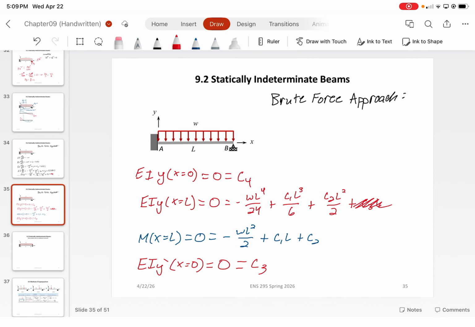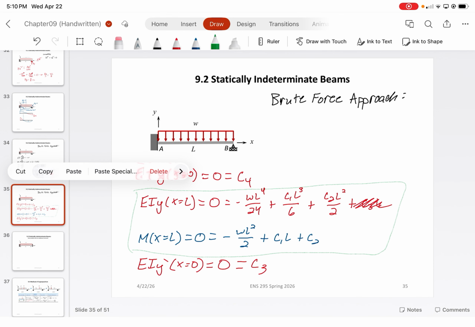And guess what? We're left with 2 equations, 2 unknowns. So let me take that. And so you would just solve for C1 and C2 accordingly. You can use whatever method you want. You can use Symbolab. I personally like to use matrices to solve for everything.